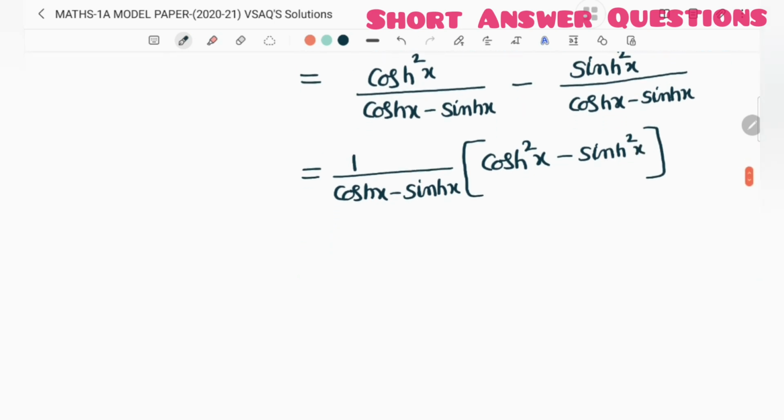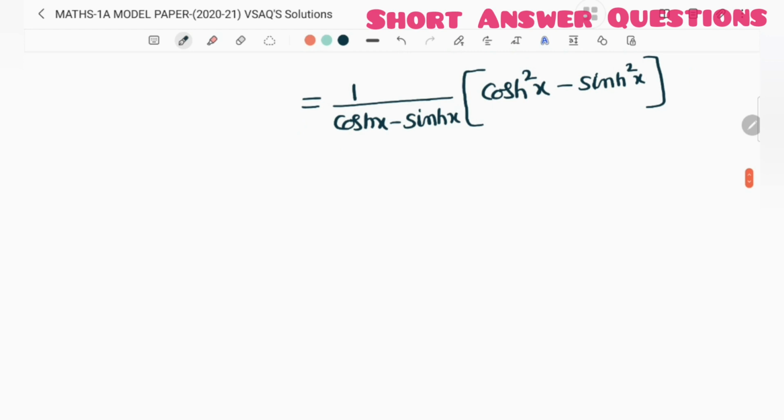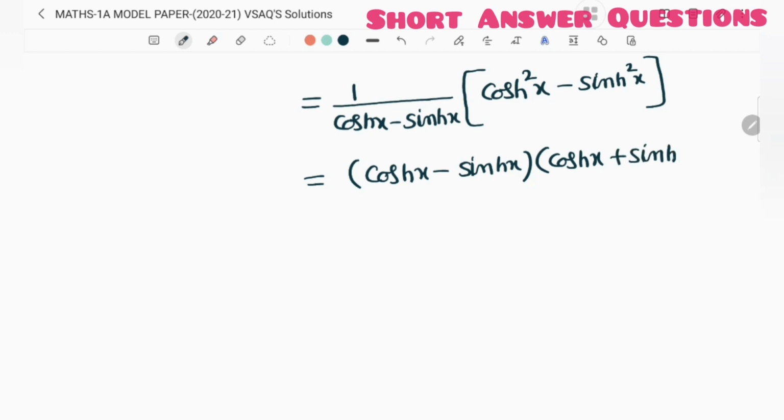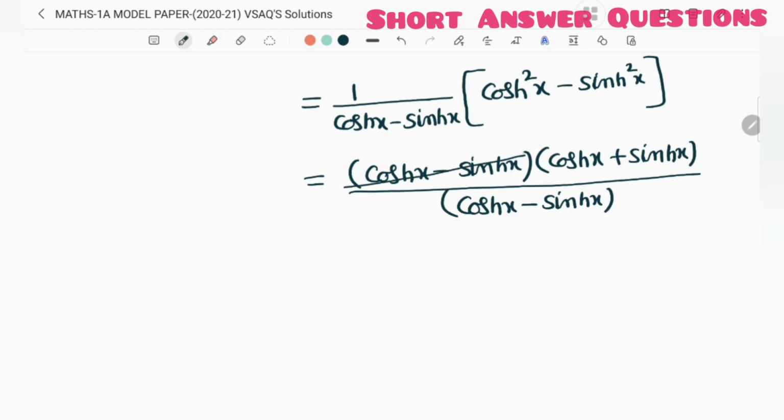So a square minus b square is a plus b into a minus b, in the numerator: cosh x minus sinh x into cosh x plus sinh x, divided by the denominator cosh x minus sinh x. So cosh x minus sinh x cancels, which is equal to cosh x plus sinh x, which is the required RHS.